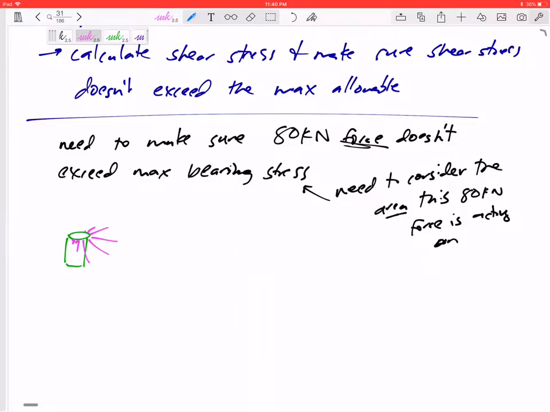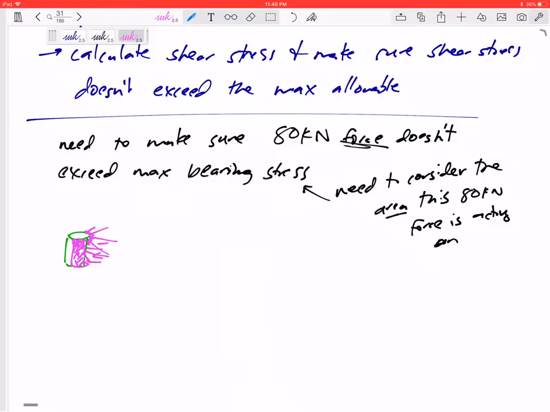It's kind of small right here, it gets larger, gets larger, gets larger. This is a terrible drawing, but anyway, it's acting all the way on this half of the circumference of the pin. It's acting on the outer edge of the pin, but it's not acting uniformly.